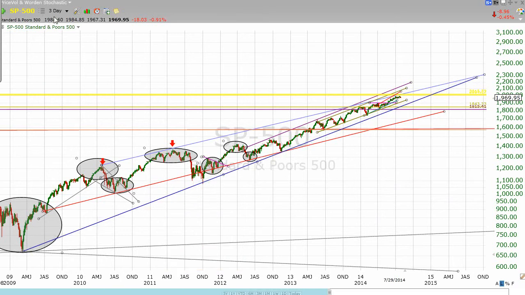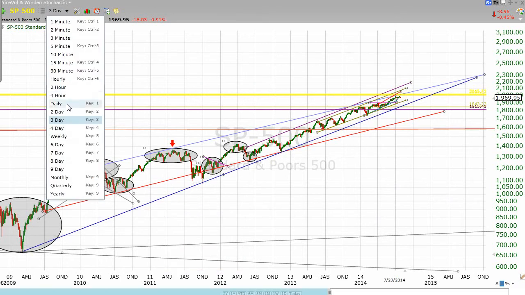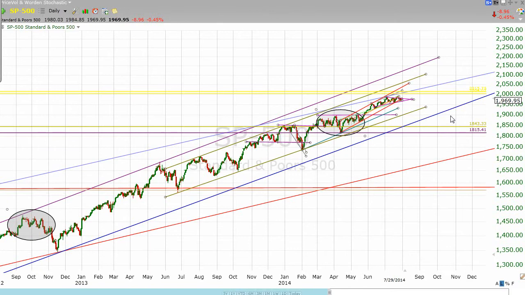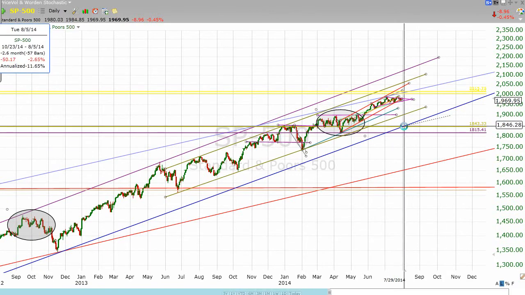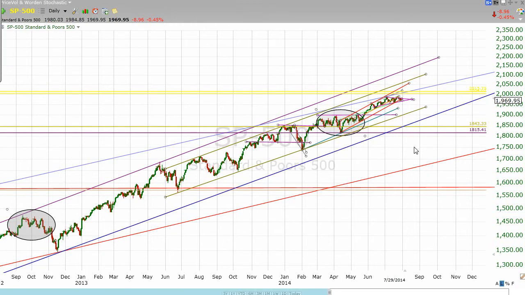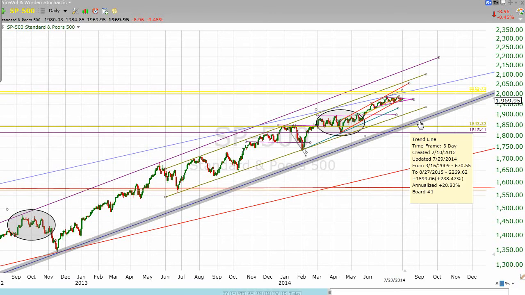And currently that line, going to a day chart now, is at about 1846. So it's about 123 points underneath us. So that would be a fairly significant downward move if that line breaks.